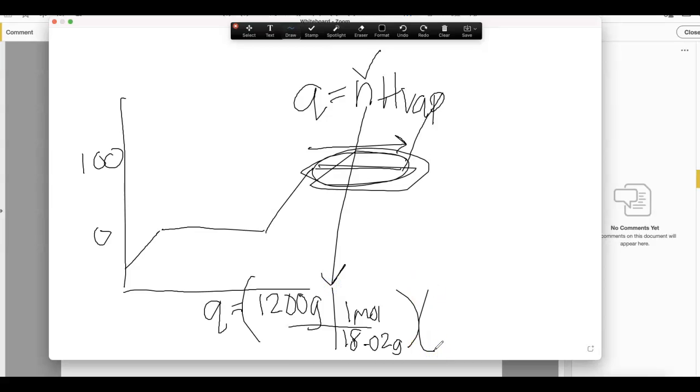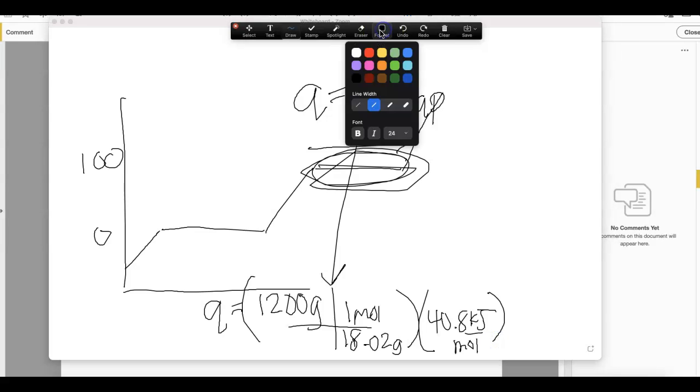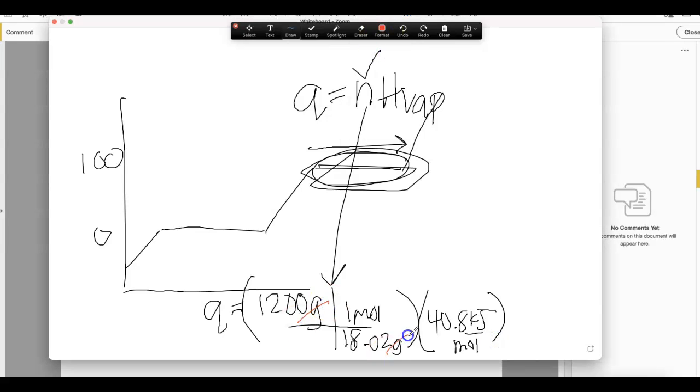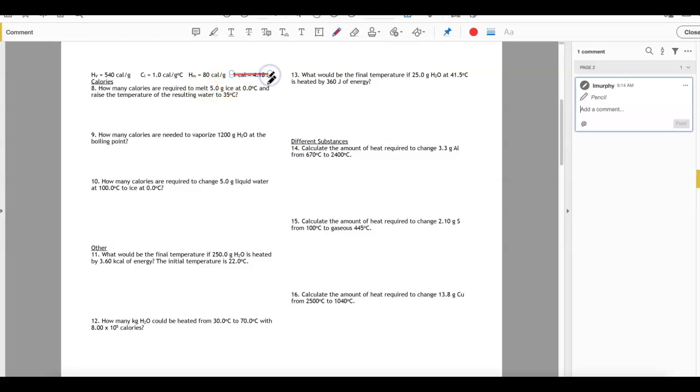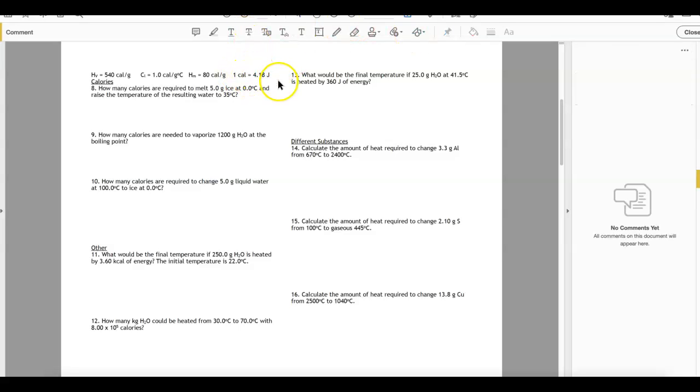ΔH vaporization, you can look up. It's 40.8 kilojoules per mole for water. So look, grams cancel, moles cancel, and we're left with kilojoules. If we go back to this problem, I gave you a conversion between calories and joules.